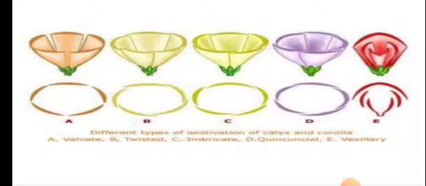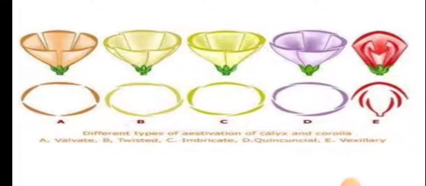So this is the D diagram. And in this last one, vexillary, it is commonly seen in peas, or beans. So here one is the standard, larger, inside to these two wings, and inside to these two are the keel. So like this five number is there for the sepals and the petals, or four number is there.